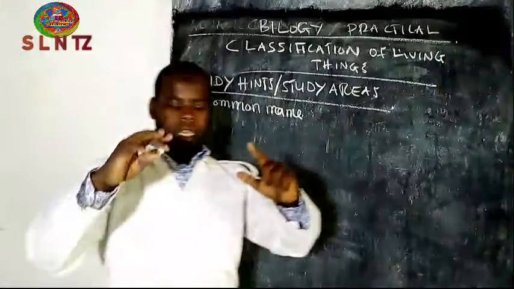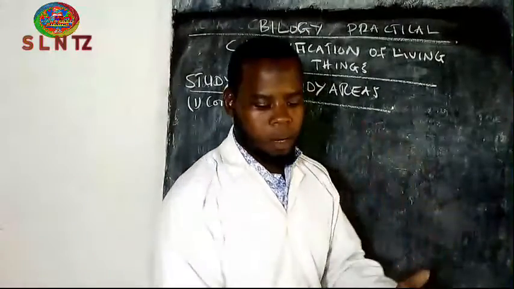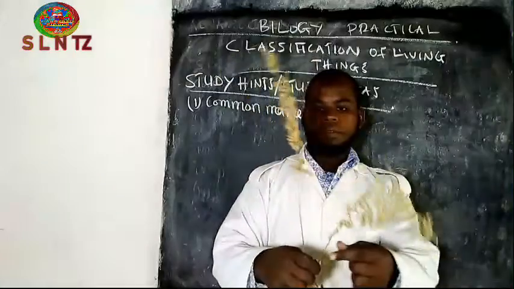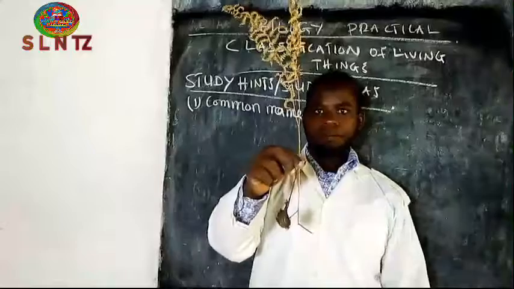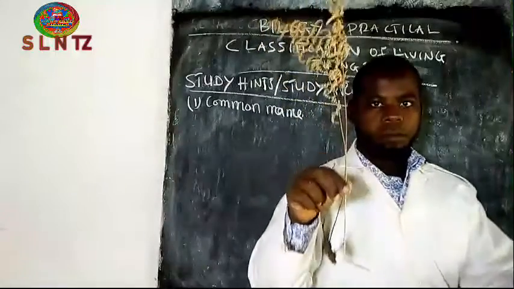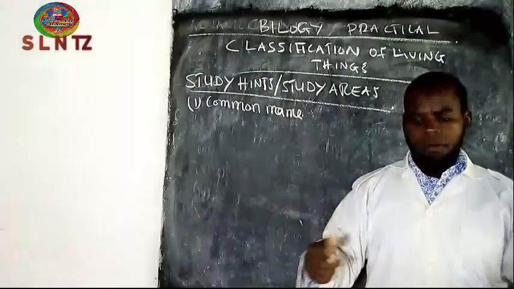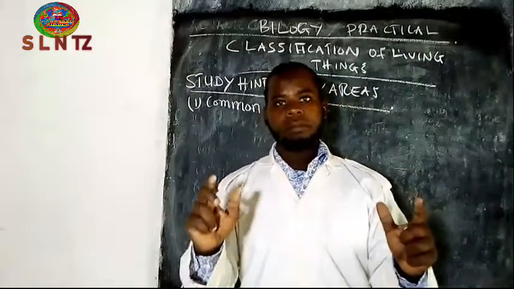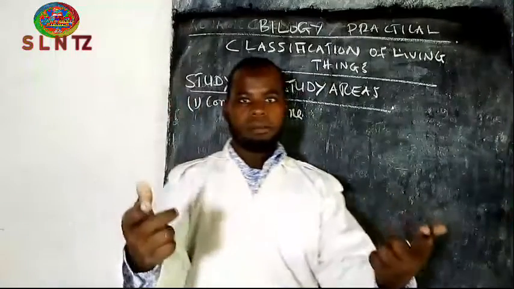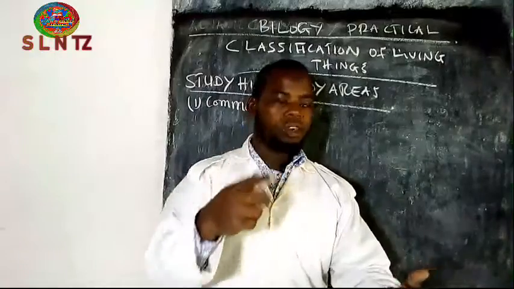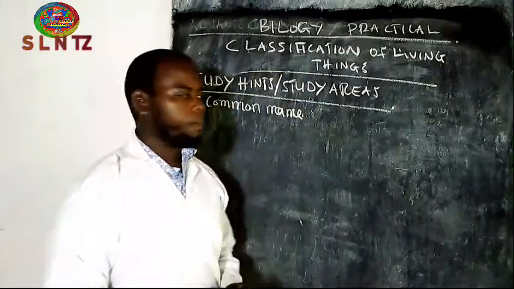When you are going to study a certain organism, a mossy plant, a ferny plant like this one, a ferny plant, a mossy plant, or animal organisms, a rat. What is the common name? The common name means the simple name. Can I ask you, what is your name? Your name is a common name. So the name of organisms, you have to understand.